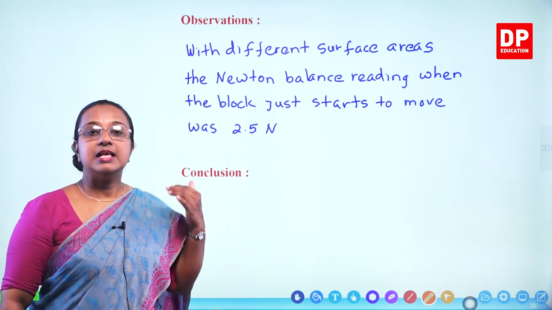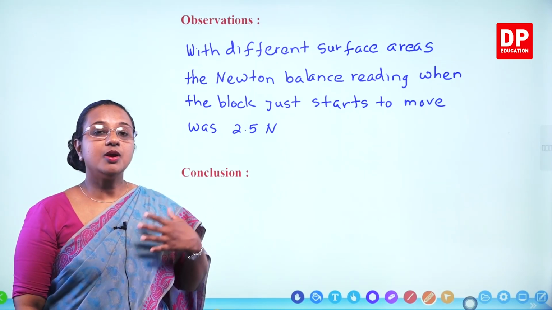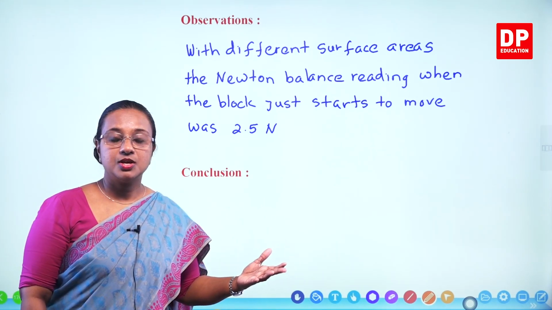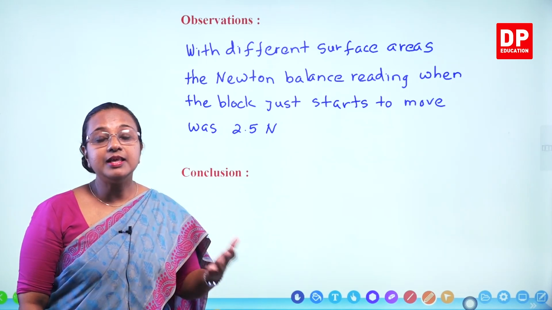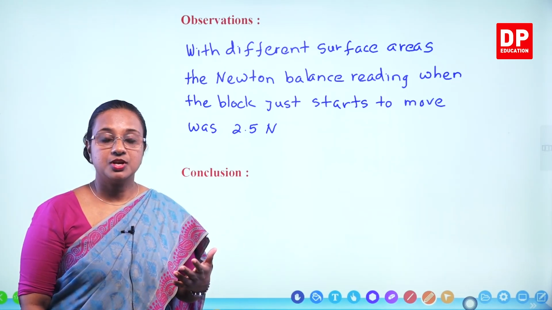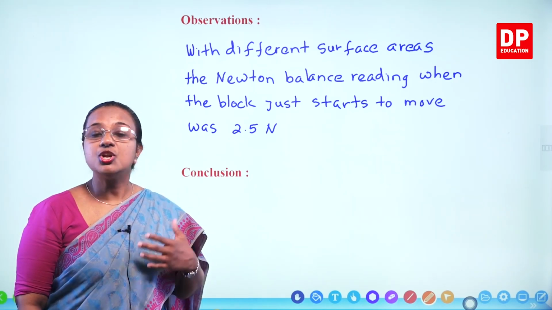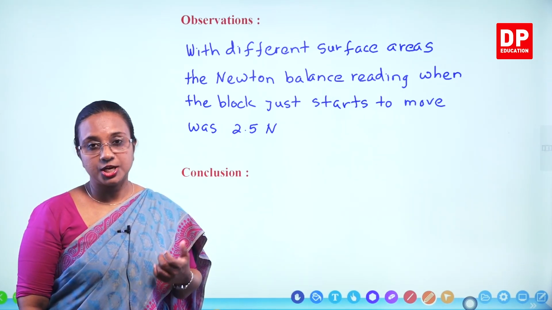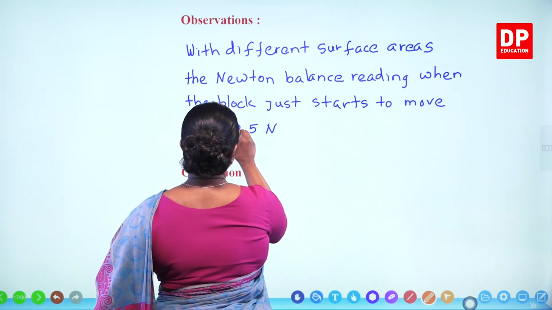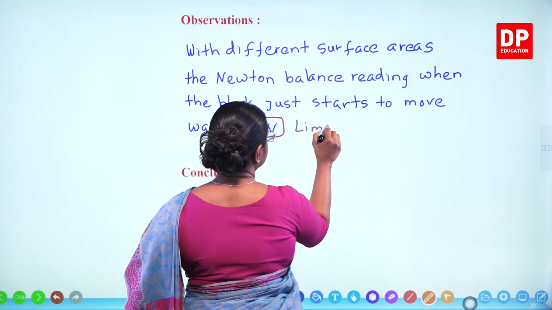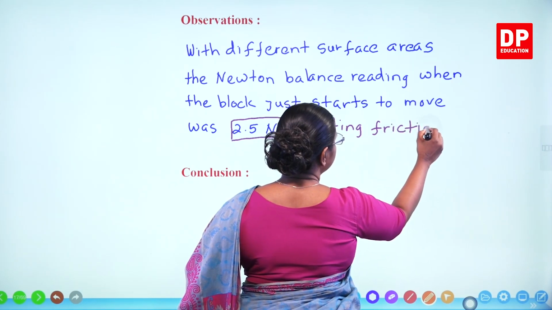So that means the limiting frictional force was 2.5 Newton during all different instances. So the limiting frictional force did not change with the area of the contact surface. So that means the surface area of the contact surface does not affect the limiting frictional force. So here this value is the limiting frictional force. Limiting friction or the limiting frictional force.